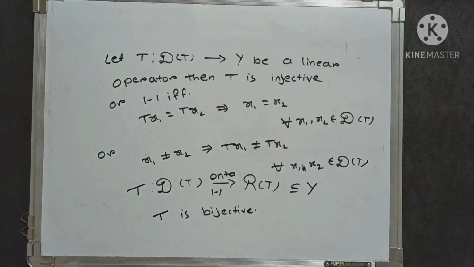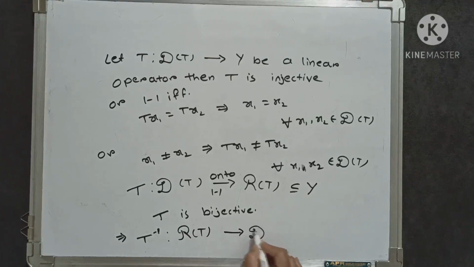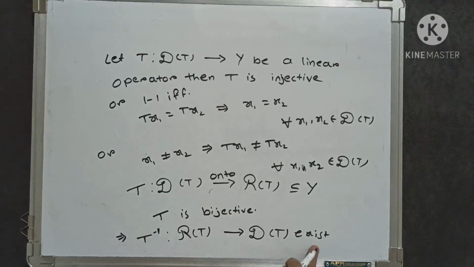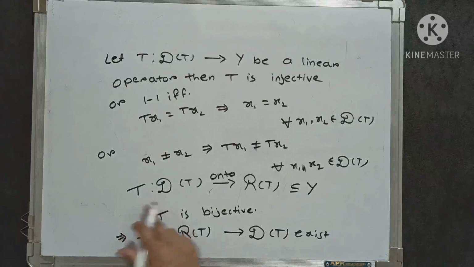And when this linear operator is bijective, then in this case T inverse, from script R of T to D of T, exists. This inverse exists only when the linear operator is bijective. That means, for the inverse to exist, we have only to show that the linear operator is one-one.